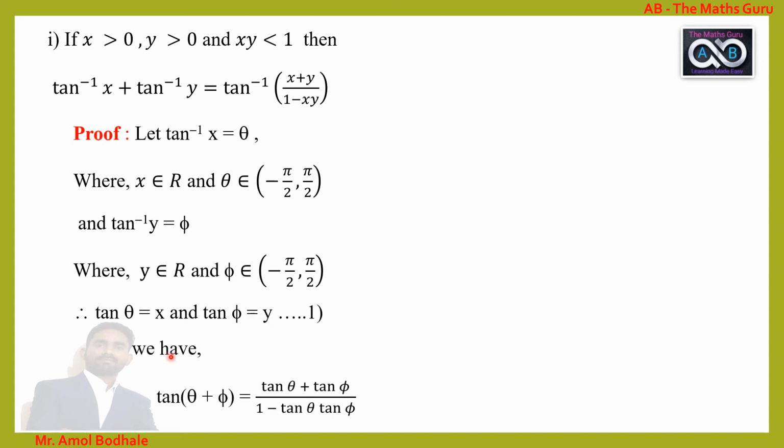Now we have the identity tan of theta plus phi equal to tan theta plus tan phi upon 1 minus tan theta tan phi. So from this we can write tan inverse of this angle is equal to theta plus phi.